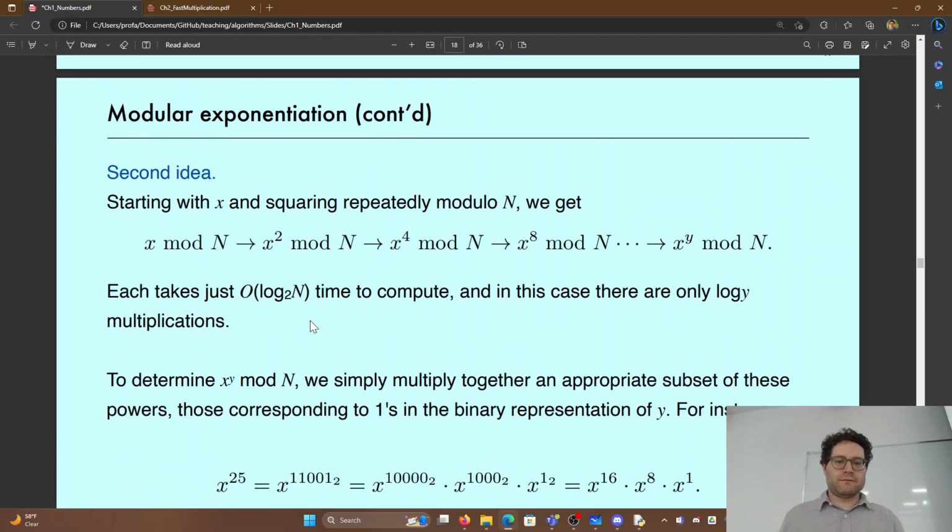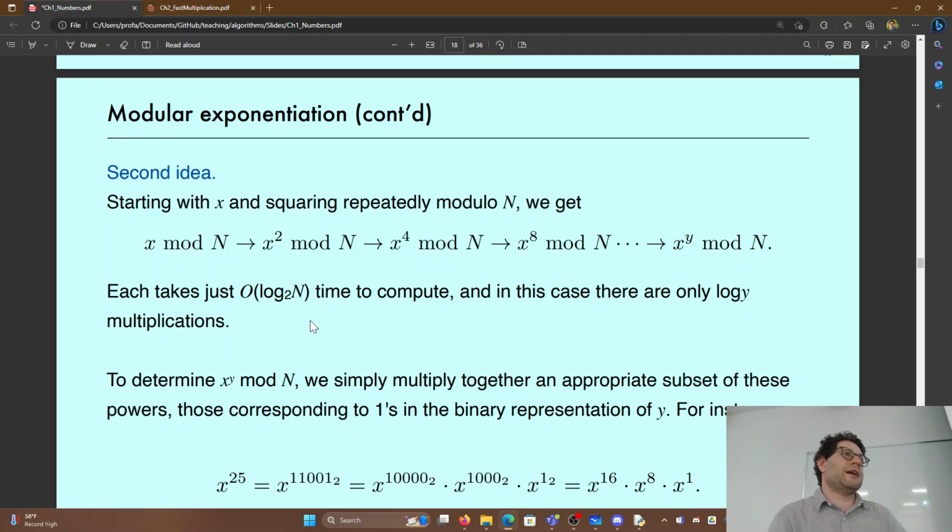So here, what we do is we instead try this. X mod n, then we do x squared, then we square that result, then we square that result. In other words, we keep squaring and doing mod n.